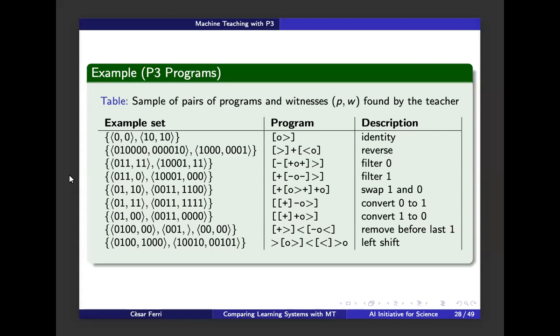You keep looping until you arrive at the last symbol in the input string, and then you stop. Here you have reverse, which maps 0, 0 to 0, 1. These are practical examples of concepts and the example sets with which we were able to teach the learner this concept.